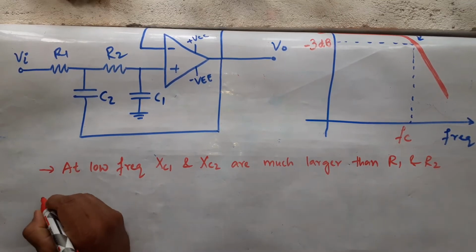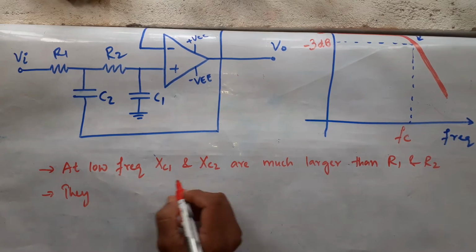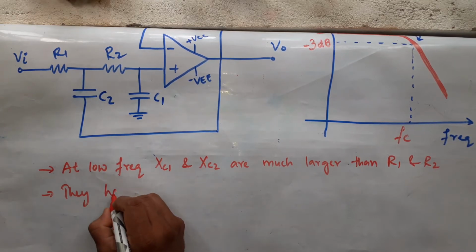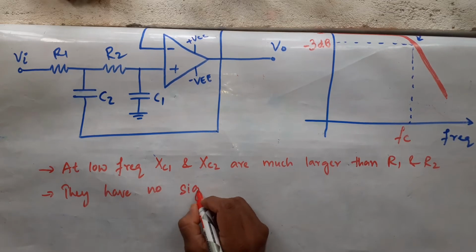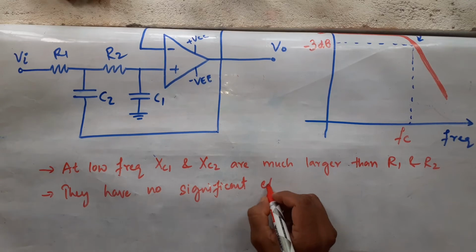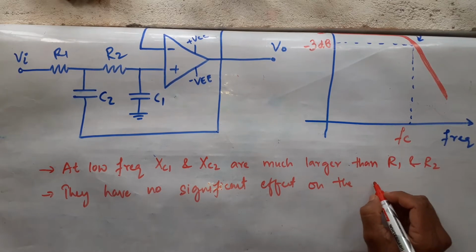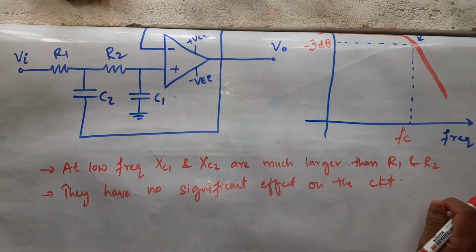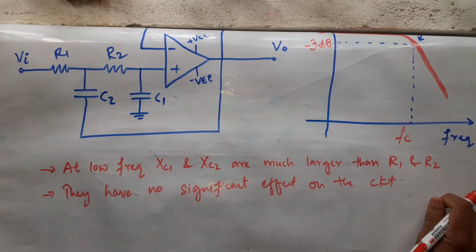Hence, I can write both Xc1 and Xc2 have no significant effect on the circuit, as if they are absent in the circuit. It works as if it is not present in the circuit.